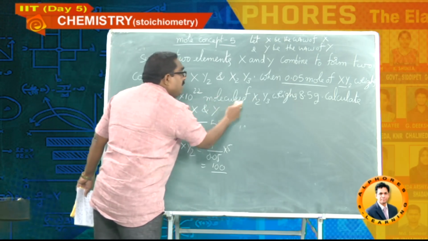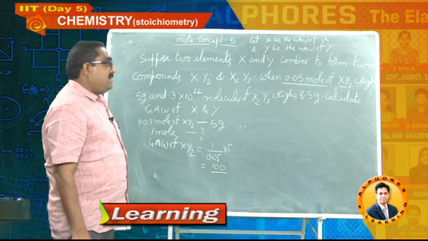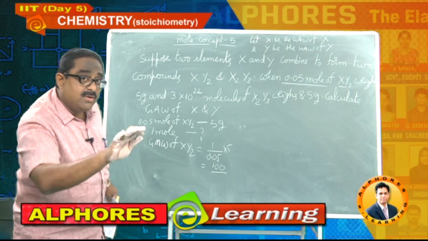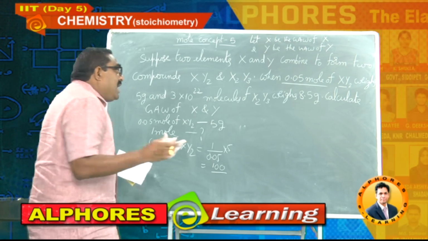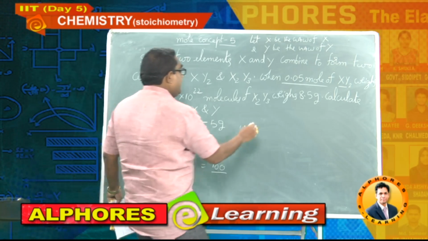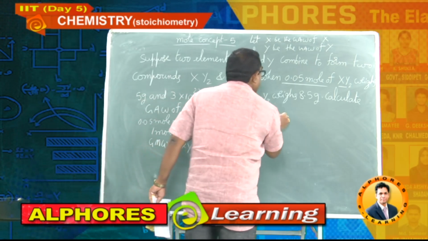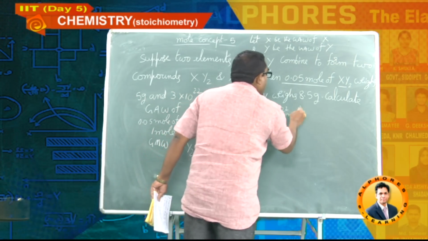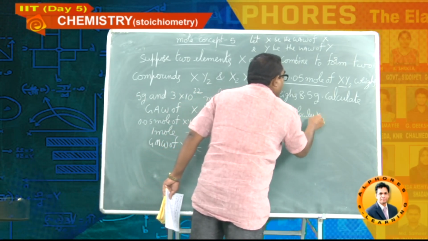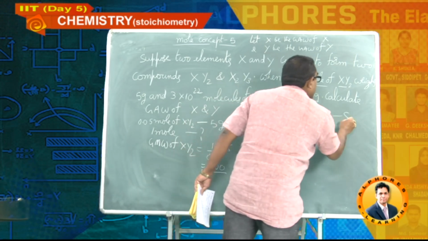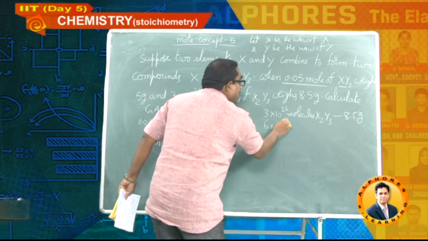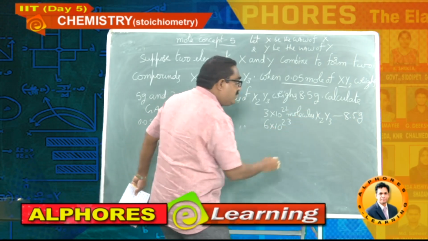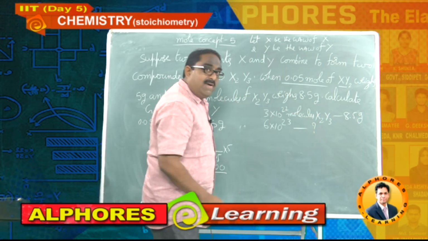Okay, leave it. Now, second one, write down students. He has given molecules and weight. To get molar mass, how many molecules do we have to take? 6 into 10 power 23 molecules. That we have to utilize here. I am writing 3 into 10 power 22 molecules of X2Y3 is 8.5 grams. But for calculation of molar mass, you have to take 6 into 10 power 23.